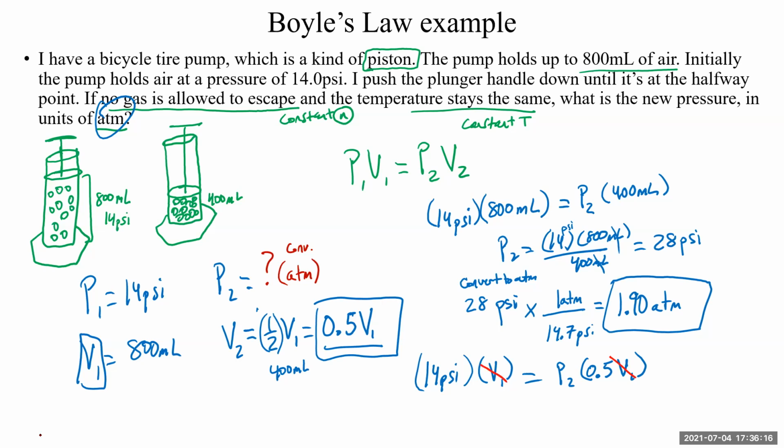And what do we end up with? We end up with P2 times 0.5. The V1 disappeared. P2 times 0.5 equals 14. Therefore, P2 equals 14 divided by 0.5, and that's going to equal 28 PSI.